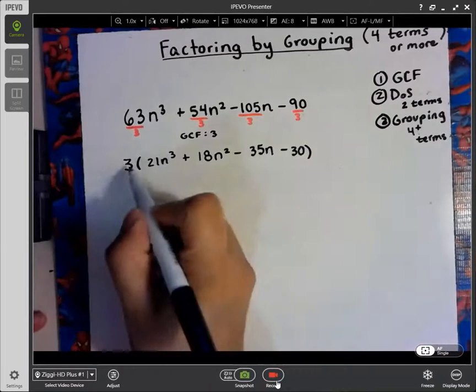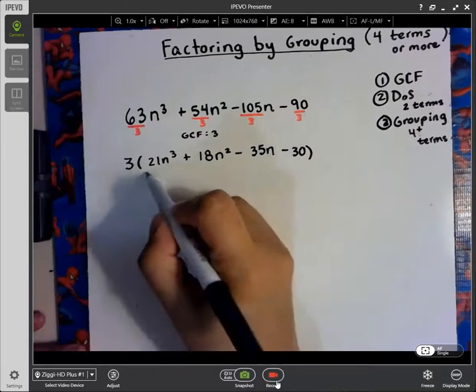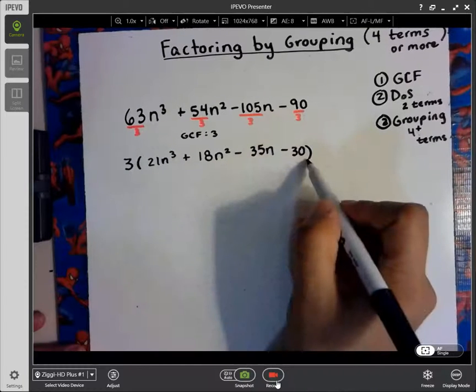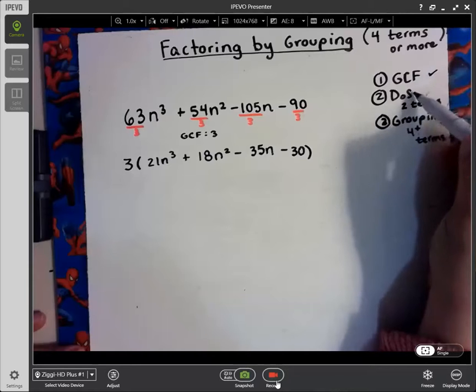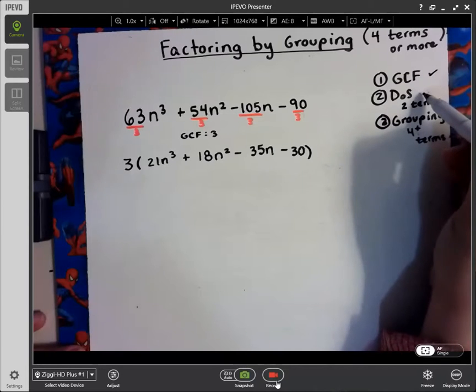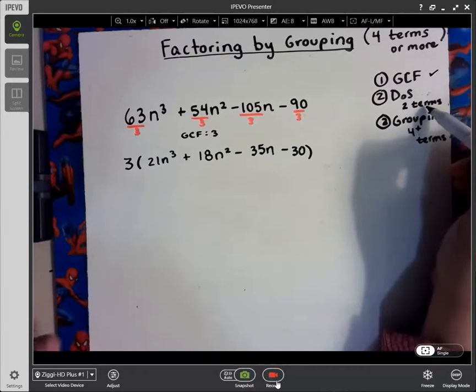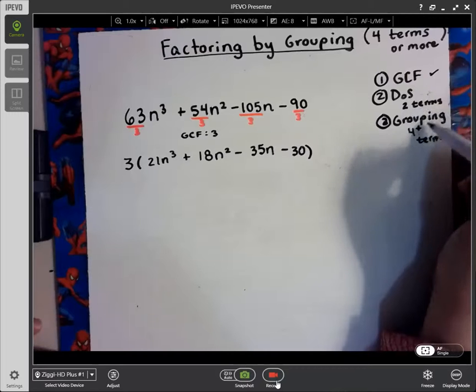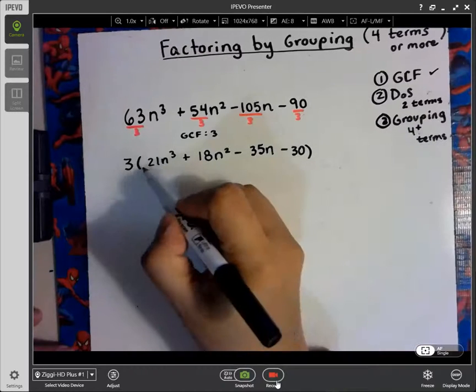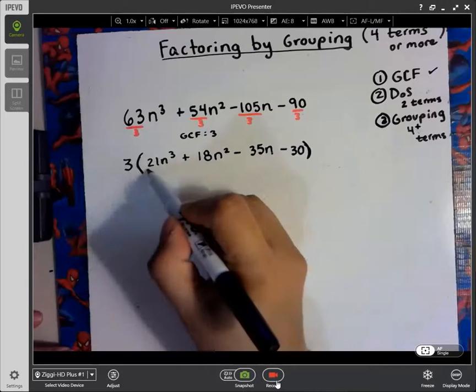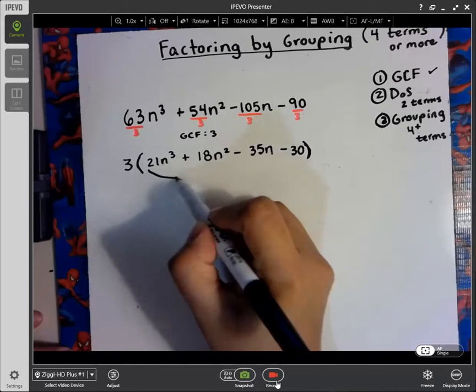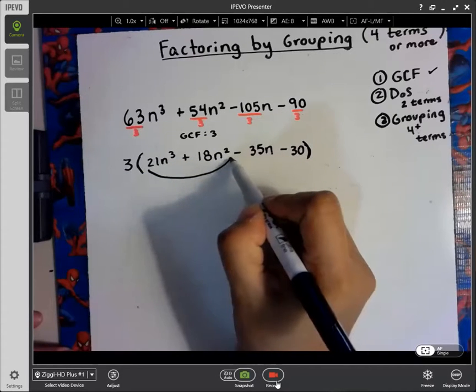Now that you've pulled out the GCF, you need to ask yourself, can I further factor this polynomial? We've already done GCF. Differences of squares is not going to work in this case because we have more than 2 terms. But we can try grouping because of the 4 terms. So remember, we're working with the parentheses, but we're not forgetting about that 3 outside. So we're working with this and with this.